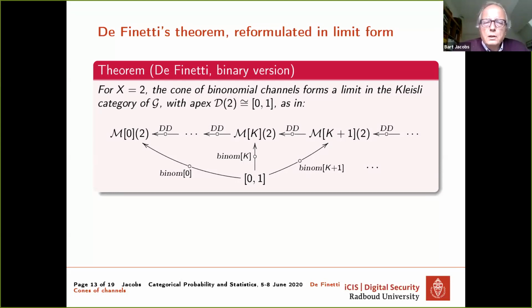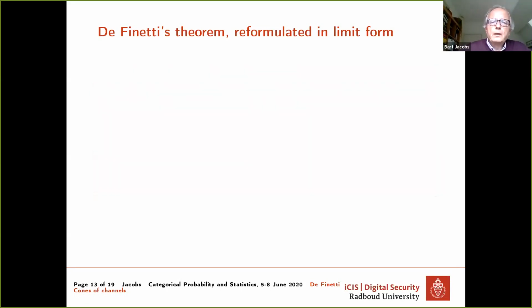Again, this is, I think, a very, very fundamental result. Again, of course, it goes back to de Finetti, but the fact that it can be reformulated categorically like this also says something deep. A subtle point is in which category precisely is this a limit?